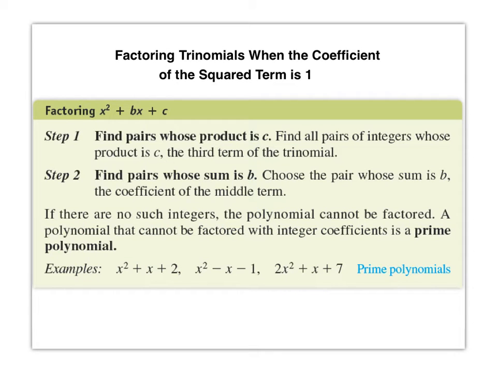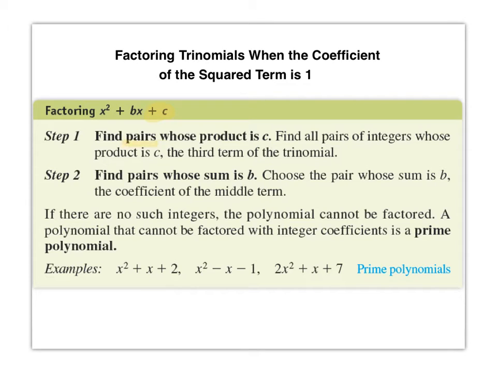Now, factoring trinomials when the coefficient of the squared term is 1 involves a 2-step process. Step 1, find pairs of factors whose product is c. Again, we're looking at that last term c.